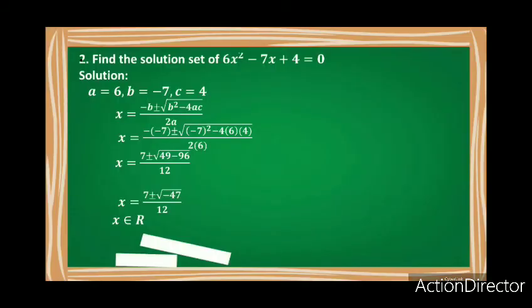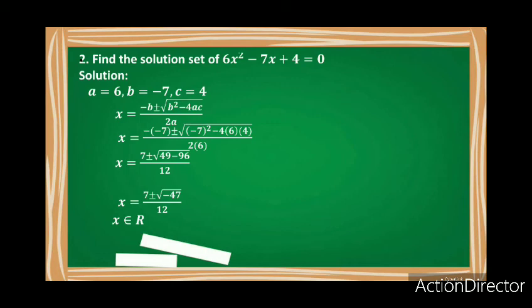Let us try another example involving the quadratic formula. Find the solution set of 6x squared minus 7x plus 4 equals 0. We can already determine the values of a, b, and c here. The value of a is 6, b is negative 7, and c is 4.